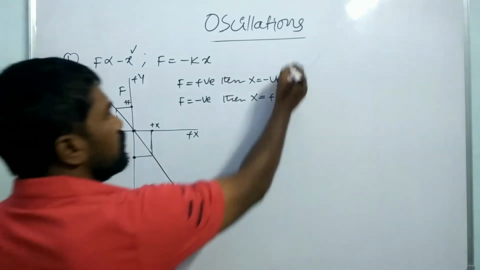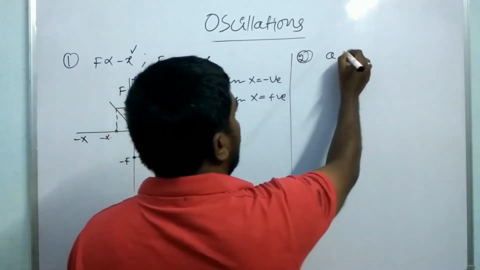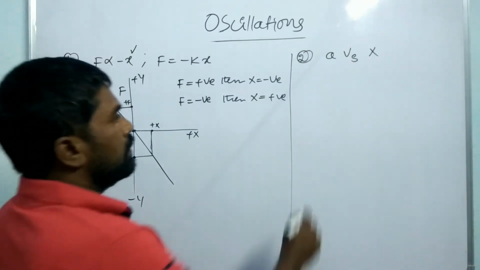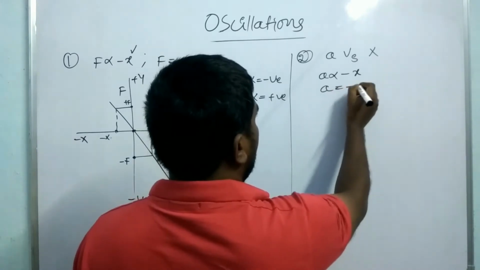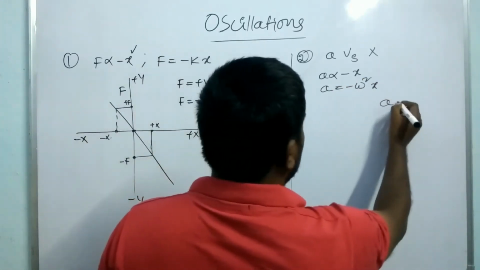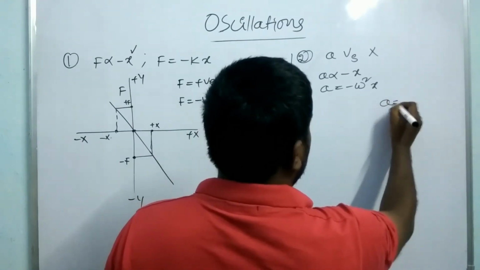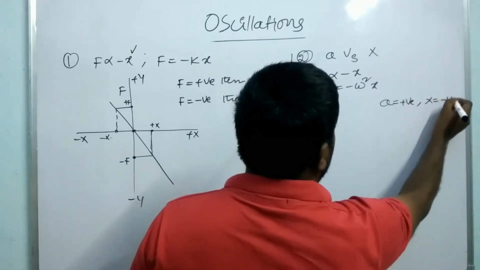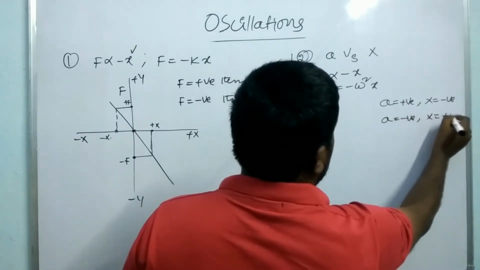And coming to the graph between A and X. Second graph, it is A versus X. A is proportional to minus X, and A is equal to minus omega square X. So here also, if A is positive, X is negative. If A is negative, X is positive.